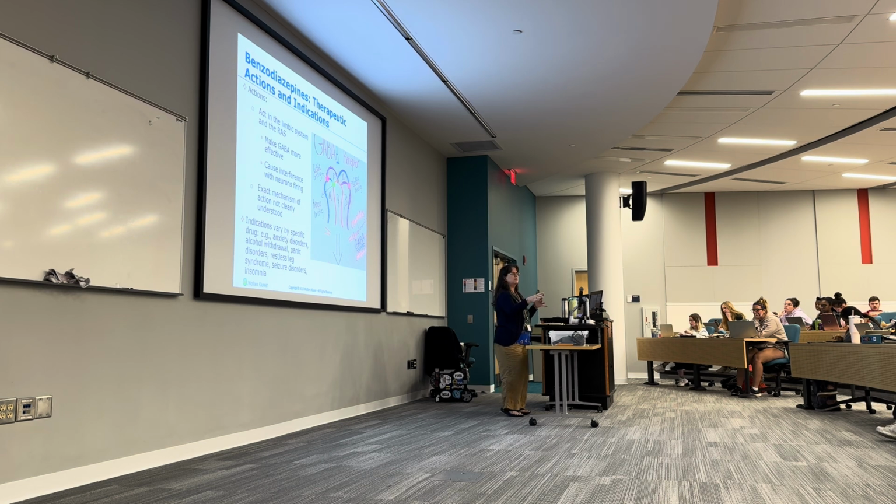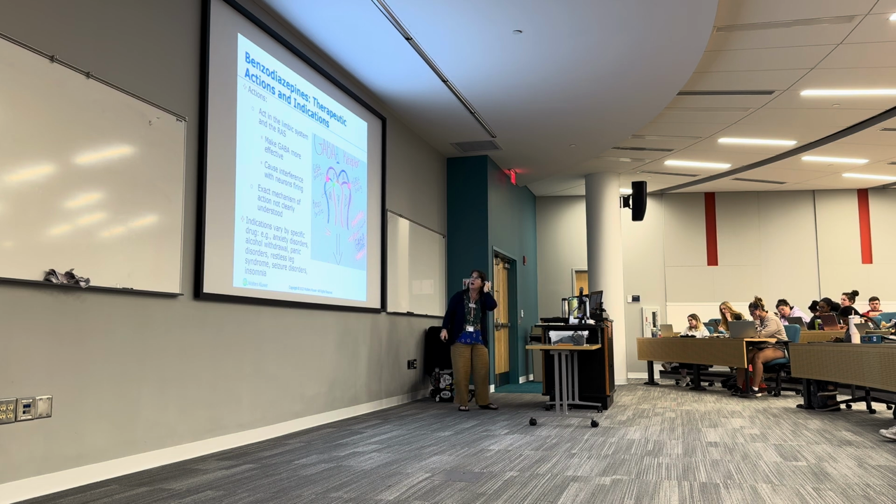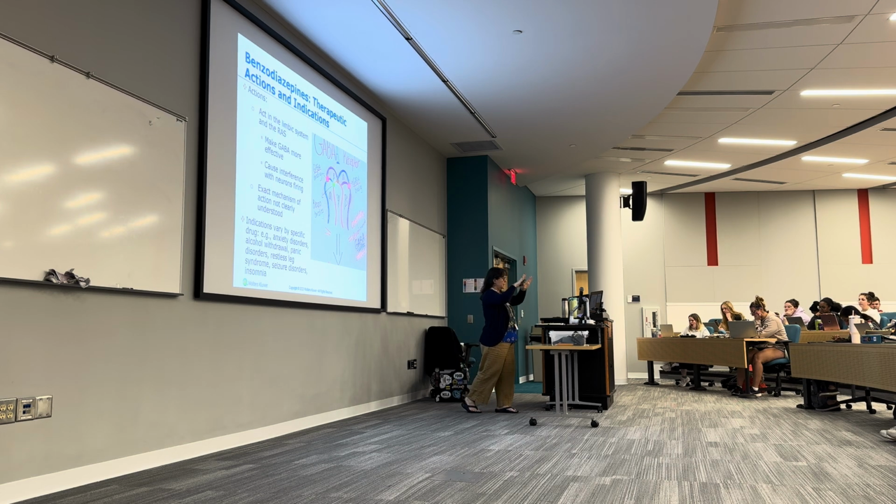Seizures. Yeah, we're going to see these meds again in seizures. It's going to interfere with that neuron firing because it's going to inhibit it. We're not real clear on the exact mechanism, but we know it makes GABA more effective.